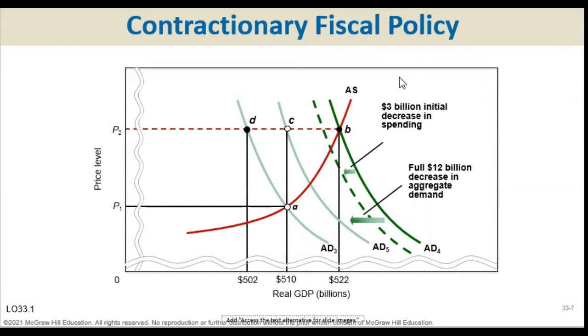So when government decreases spending by 3 billion, what will happen is the aggregate demand AD4 will be pushed to the discontinued line, and the multiplier will push it all the way to the position that is supposed to be, which is C. And you see here that it doesn't push it all the way to the initial position due to the ratchet concept of the price that we alluded to before, and that makes the price inflexible downward.